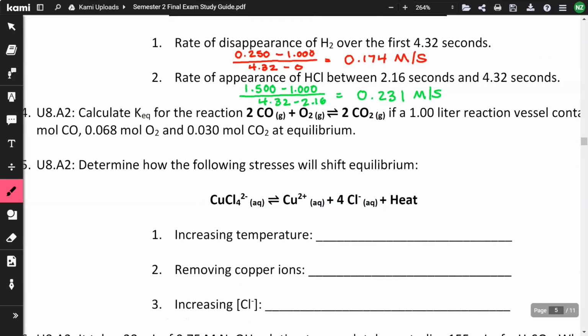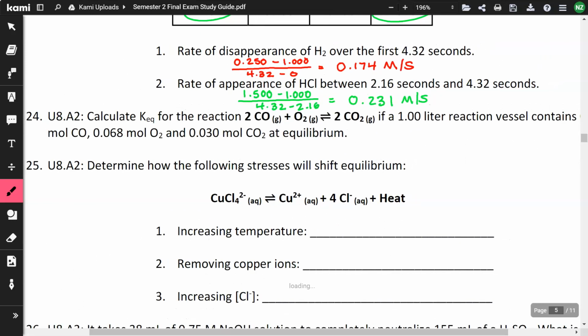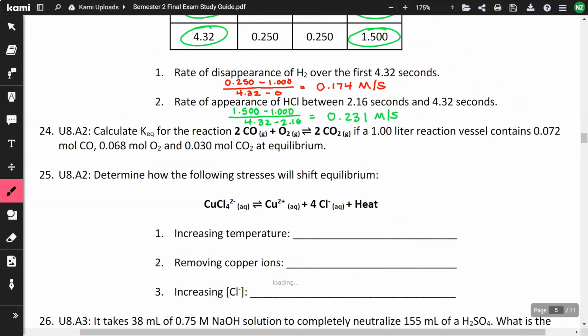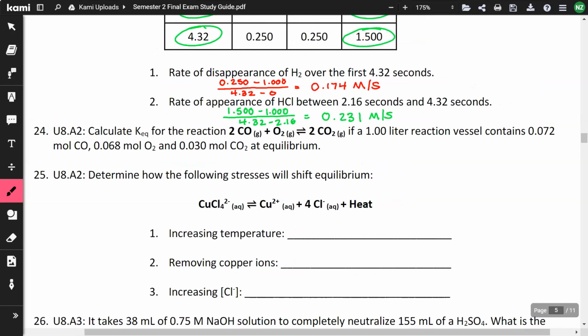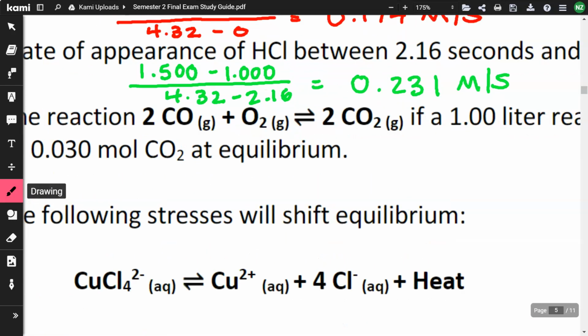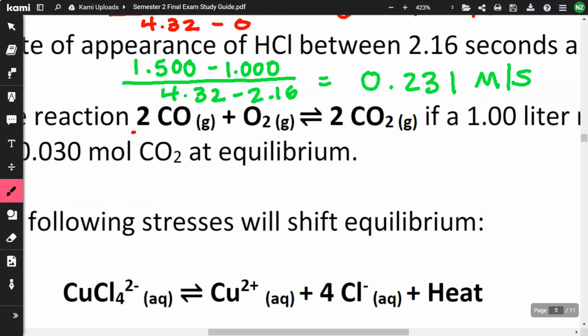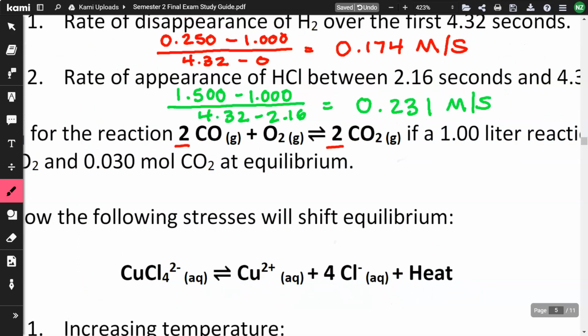All right, now moving on to KEQ. KEQ is products over reactants. And on the equation, if you have a coefficient like we do for these two, those become exponents.